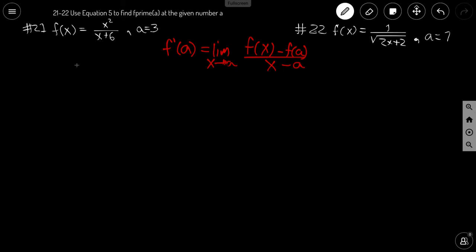So right here, we're just going to plug into this formula. So it would look like, and we're just going to plug in a wherever x is.